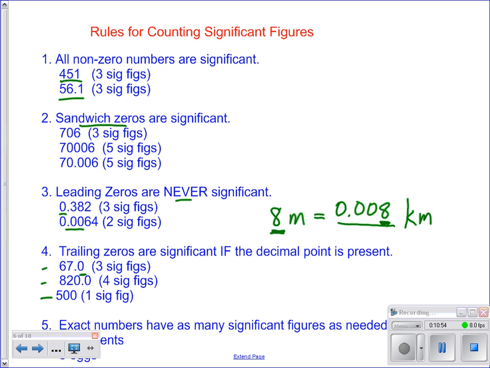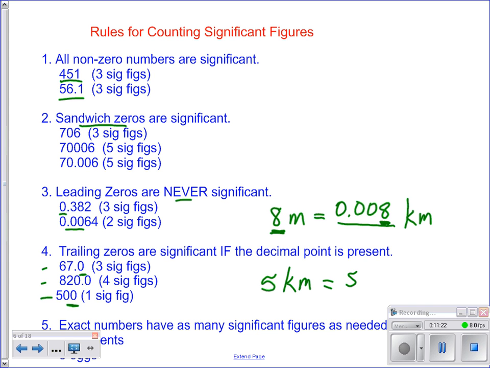In this example, there is no decimal point, so these zeros, yes, they're trailing zeros, but because that decimal point's not present, they are not significant. Let me go back to my conversion example. Let's say we've got something that's 5 kilometers, and I want to figure out how many meters that is.